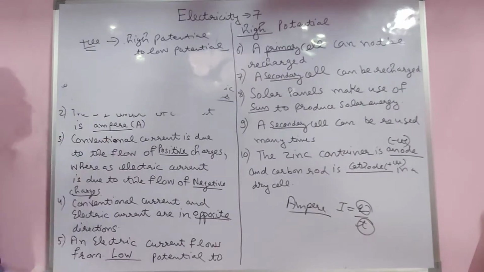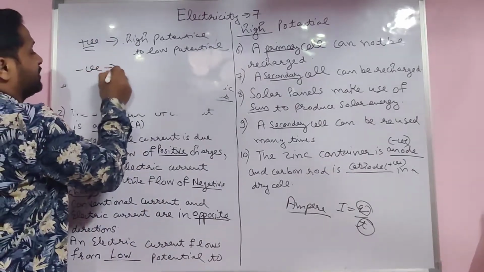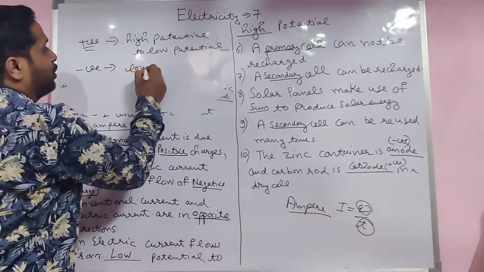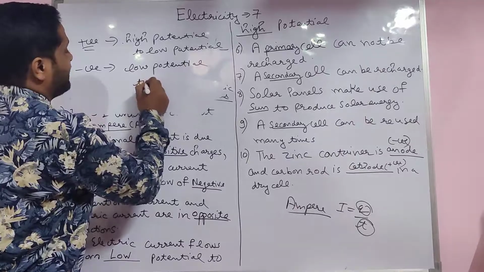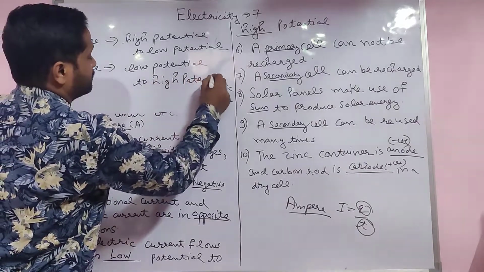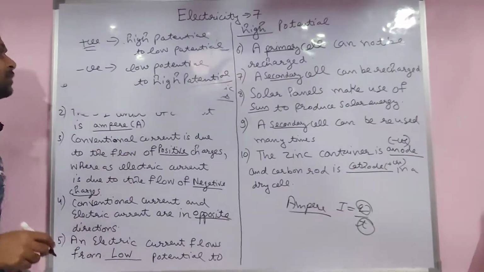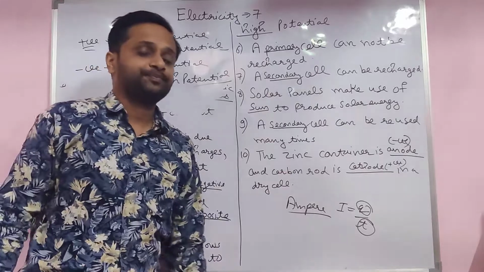And positive charge always produces the conventional current. But negative charge flows from low potential to high potential. Keep in mind. That's why the answer here is low and here high.